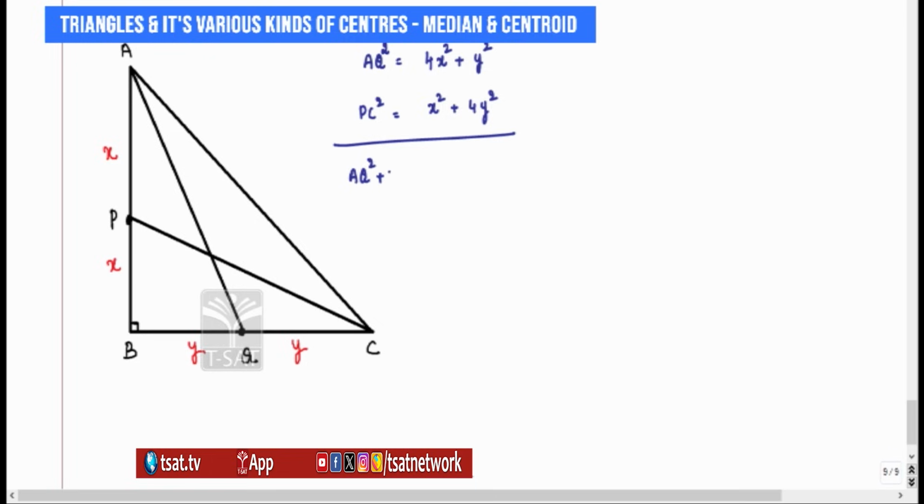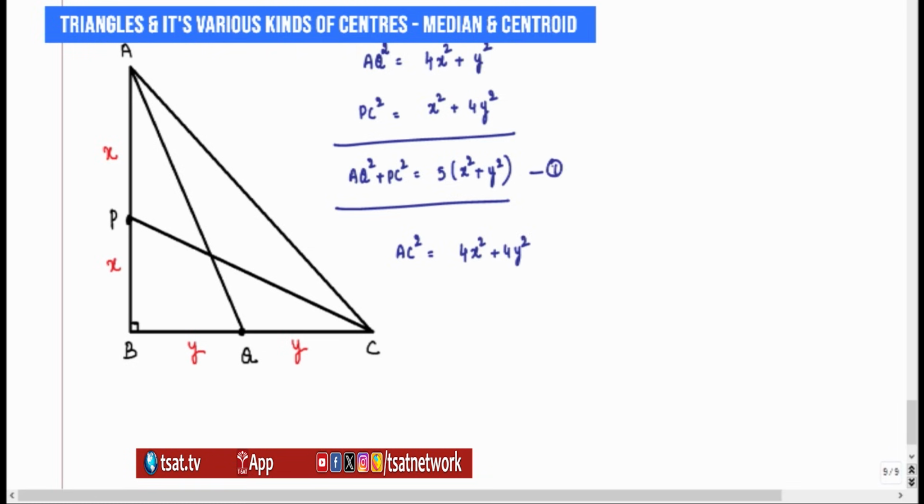AQ square plus PC square is equal to 5 into (x square plus y square). If you take AC square, hypotenuse square is equal to side square plus side square, that is 2x whole square plus 2y whole square, 4x square plus 4y square.